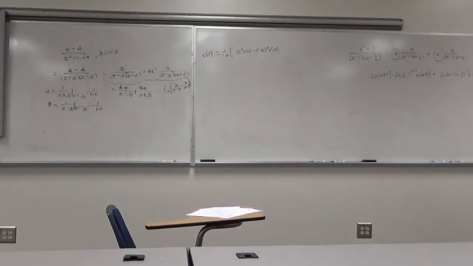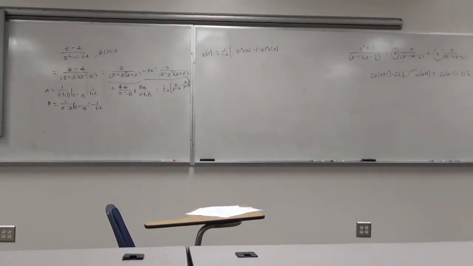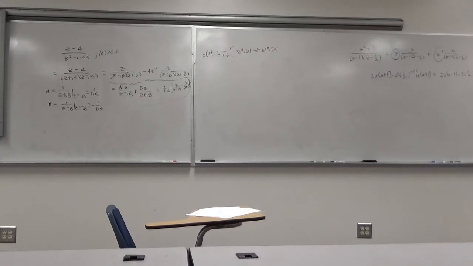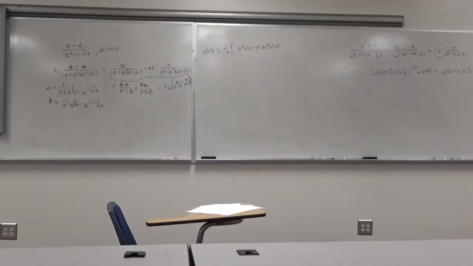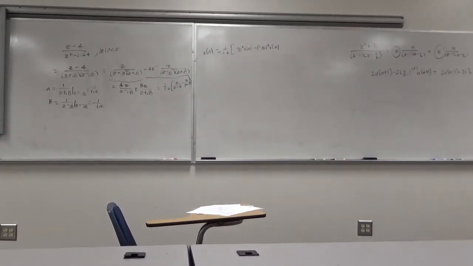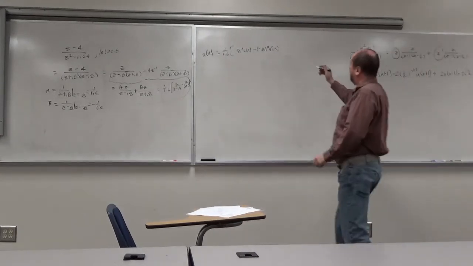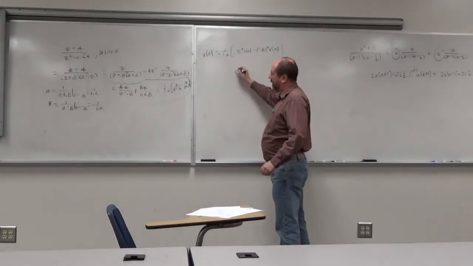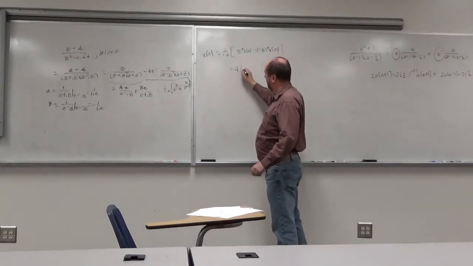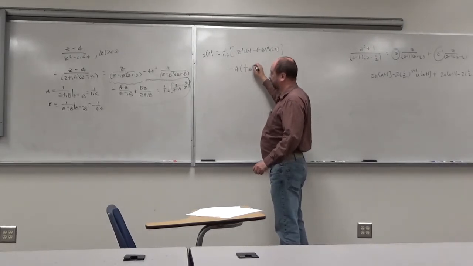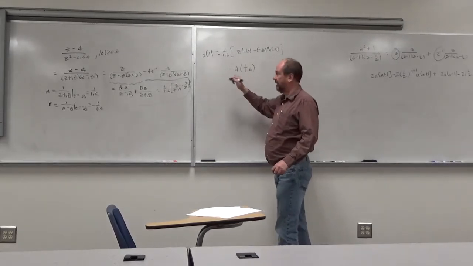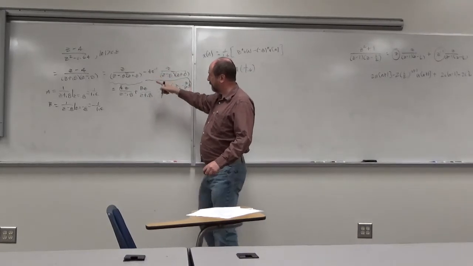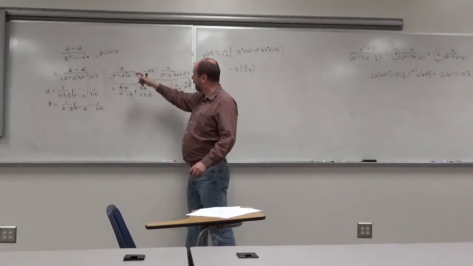Am I going too fast? Being too boring? Can't help that. So far, so good? Now watch what I do with the second term. Minus 4, and then 1 over 1.6. What's the difference between this term and that term?